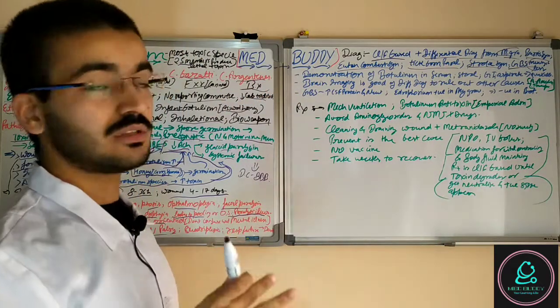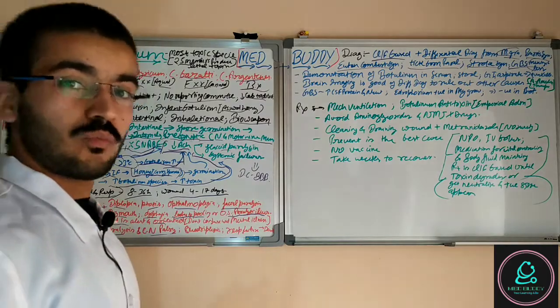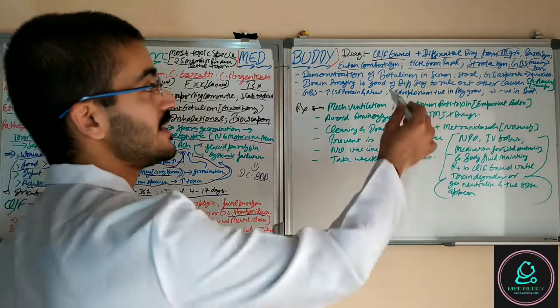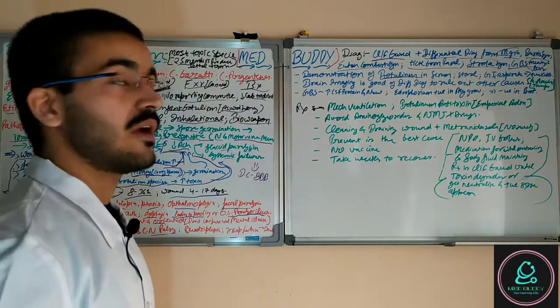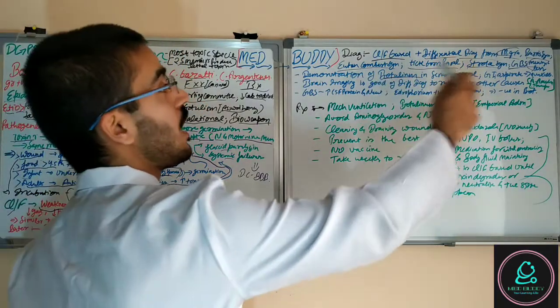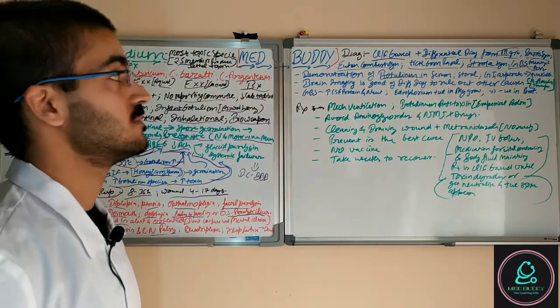We have to rule out these things because, though technologies are available to detect the botulinum toxin directly, they are not available everywhere. So we have to rule out these diagnoses to reach the diagnosis of botulism.